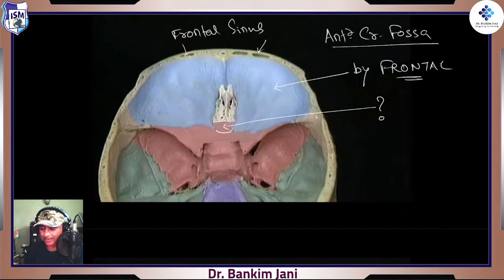So what should I write over here? Whatever you write, I'll write it over here. I'll wait till you give an answer. So which structure is just behind the cribriform plate?